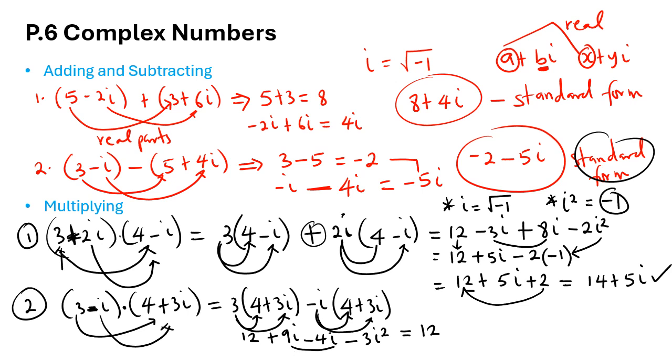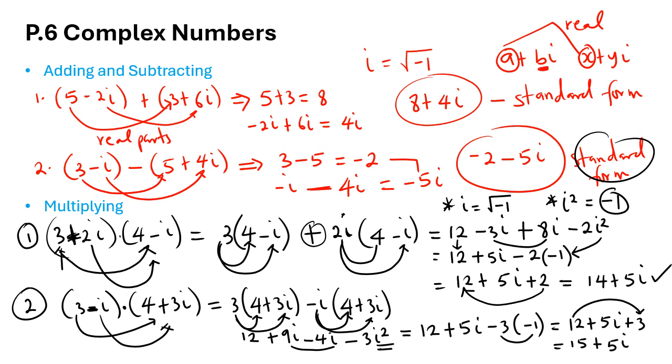Then I'm going to combine these like terms, that will be 5i, the imaginary parts. And here you have -3 times i squared, and we know that i squared is -1. If we simplify further, we get 12 plus 3, which gives me 15, then plus 5i. And this is your result.